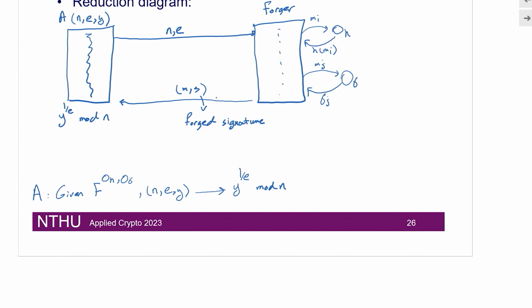So the challenge that we have is that we have to answer the hash function oracle queries and then the signature queries without knowing the D. This D is our private key, right?